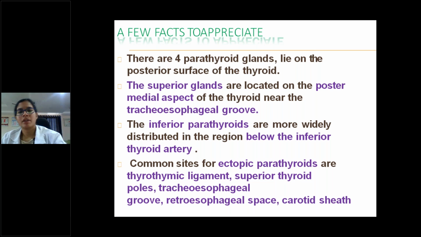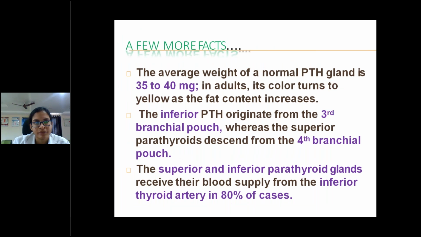Superior thyroid fold, tracheoesophageal groove, retroesophageal space, and carotid sheath: all these sites we have to explore in parathyroidectomy surgery for identification of the parathyroid. Average weight is 35 to 40 milligrams. Inferior parathyroid originates from the third branchial pouch, whereas superior parathyroid descends from the fourth branchial pouch.